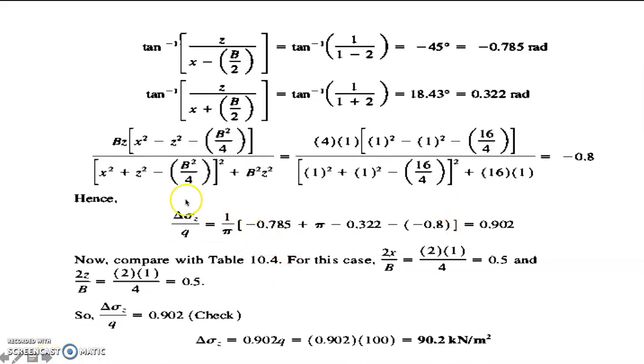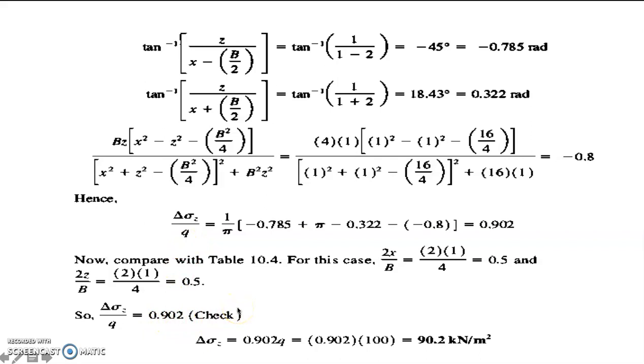We have now delta sigma sub z all over q is equal to 0.902. If we compare this to our table 10.4, having the value 2x all over b, which is 0.5, and 2z all over b, which is 0.5, based on our table 10.4, our delta sigma sub z all over q is 0.902.